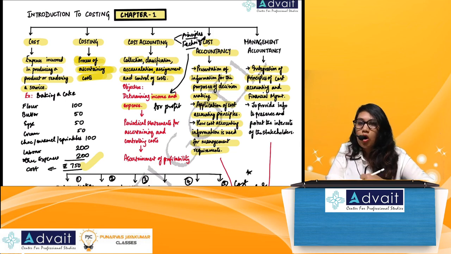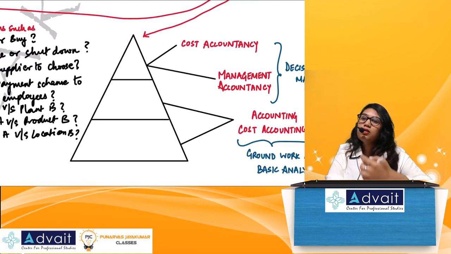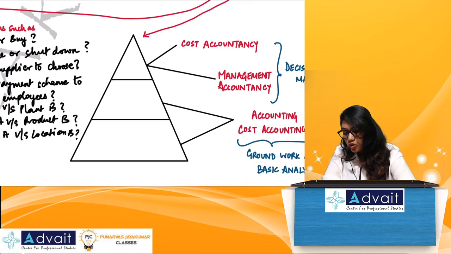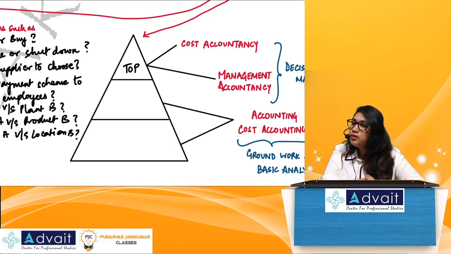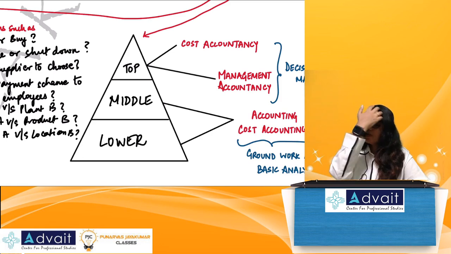So now, where is all this used? Who uses what? If you come down here, do you see this prism here? Let's call this top level management. Let's call this middle level management. Let's call this lower level management.